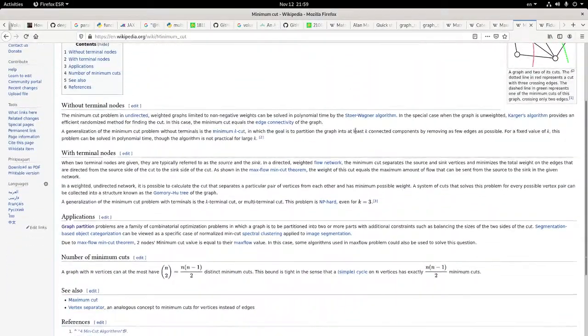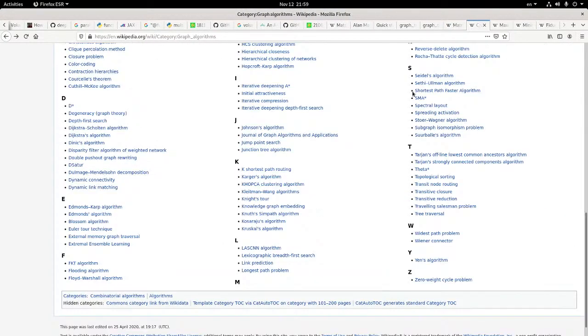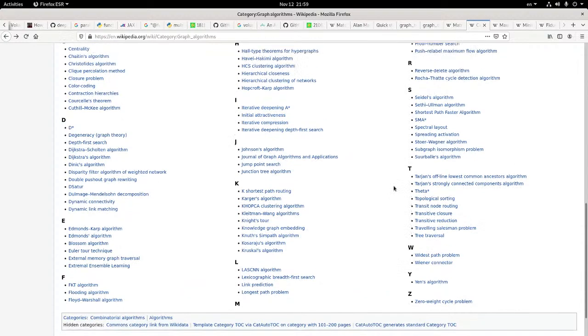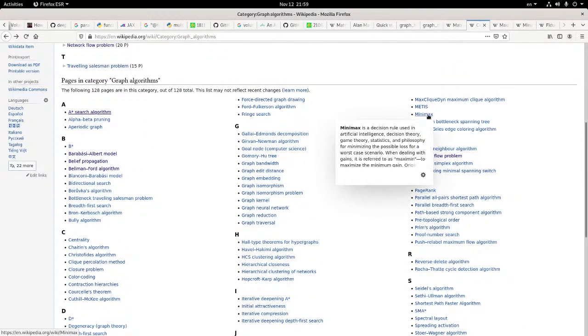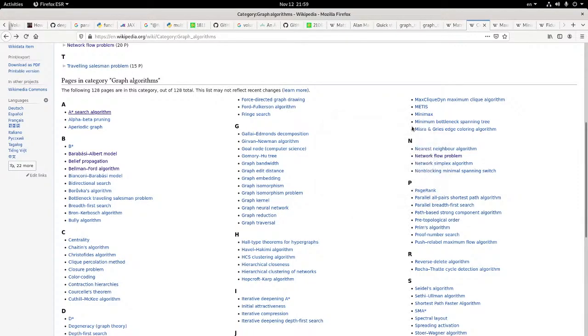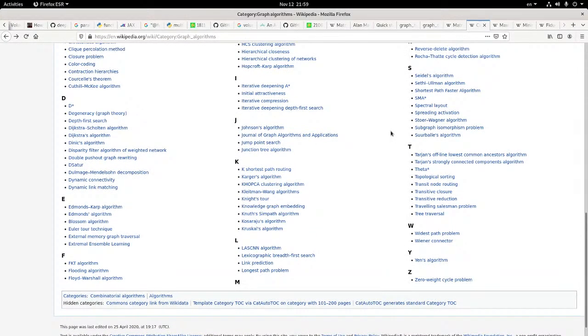So a minimum cut. Huh. Yeah. Part of the problem is I don't know what I'm trying to do.